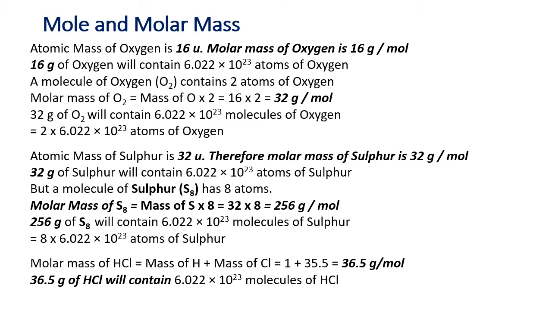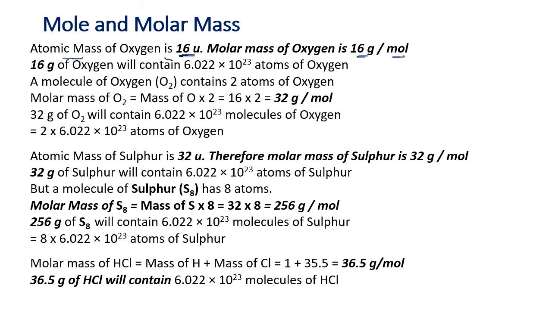Okay. Now let us try to understand this concept in detail. Let us see again. Atomic mass of oxygen is 16 units. So 1 atom of oxygen has mass 16 units. So molar mass of oxygen is 16 gram per mole.